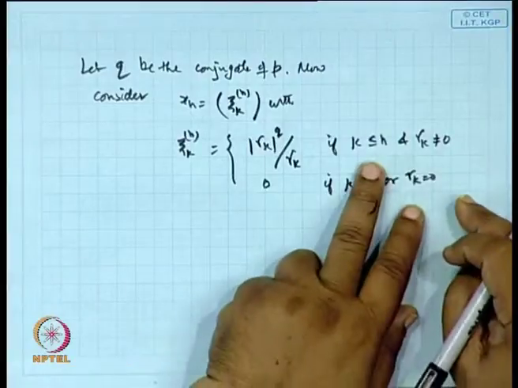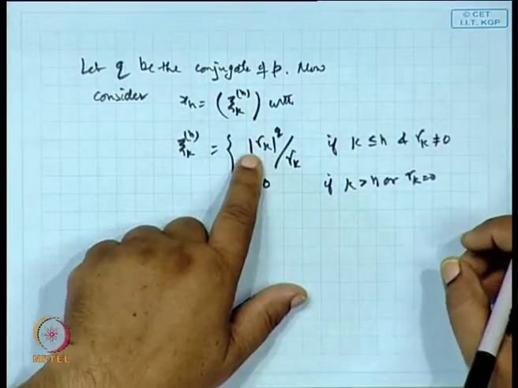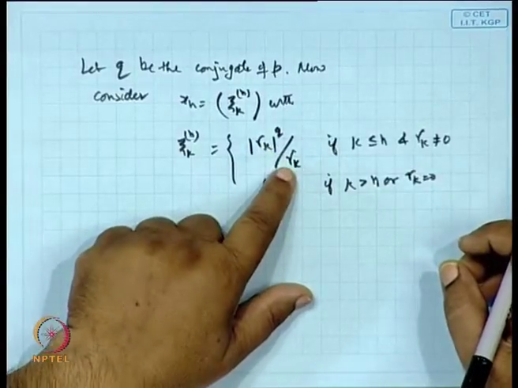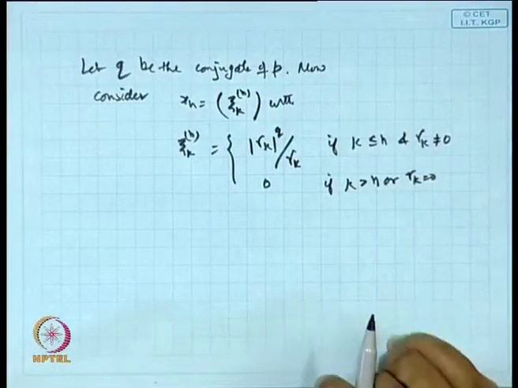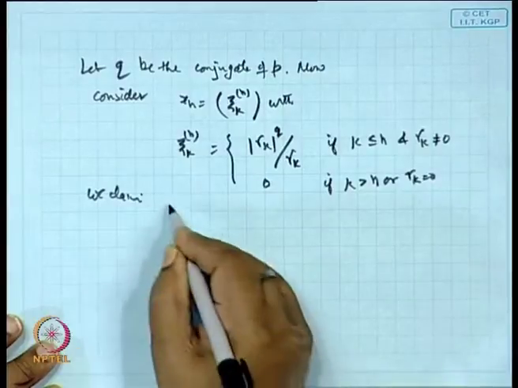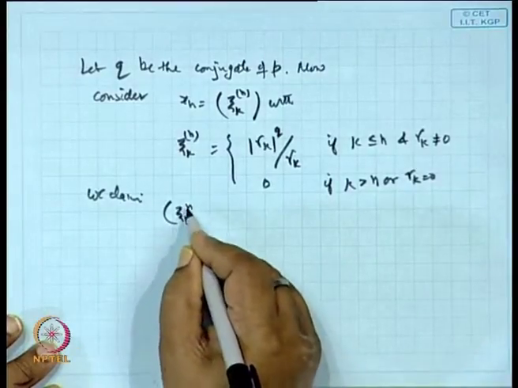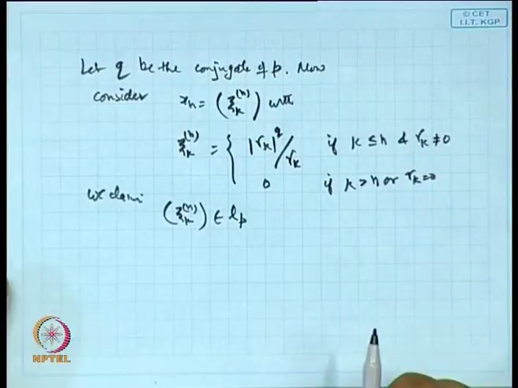It means the first n terms are like this: the first term is gamma 1 power q by gamma 1, and so on, and the rest after this are 0. So, we claim that this sequence xi n is a point in LP. Why?